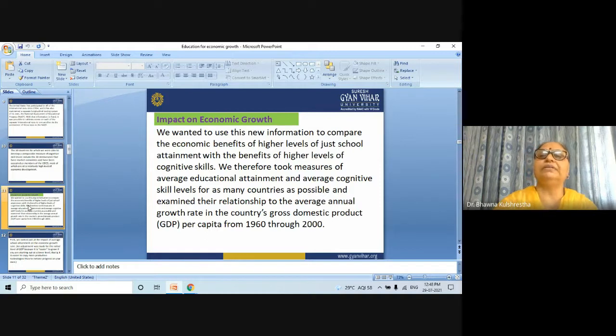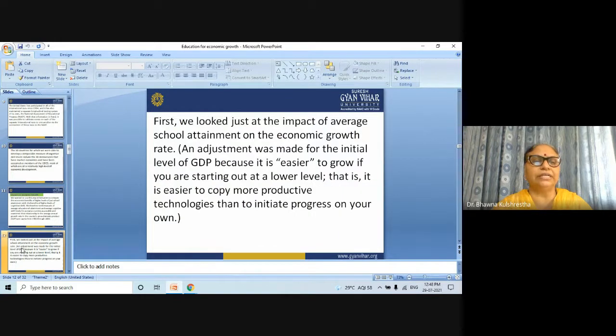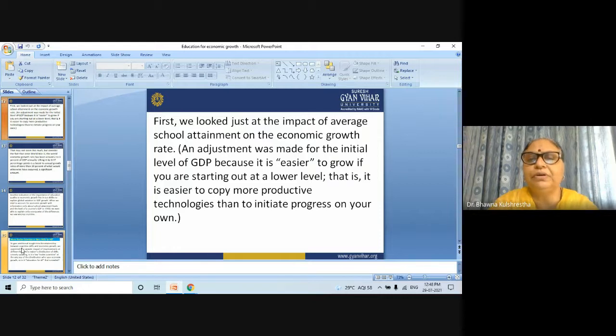And the impact of economic growth is, first, we looked just at the impact of average school attainment on the economic growth rate.